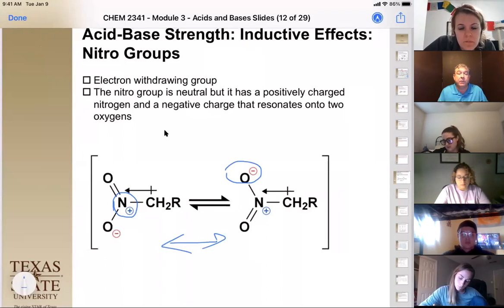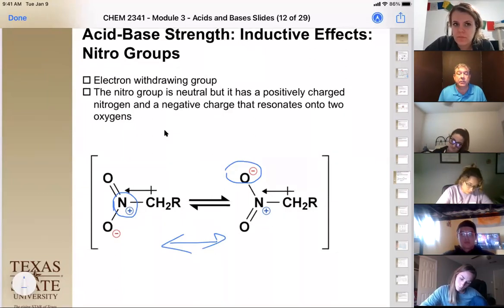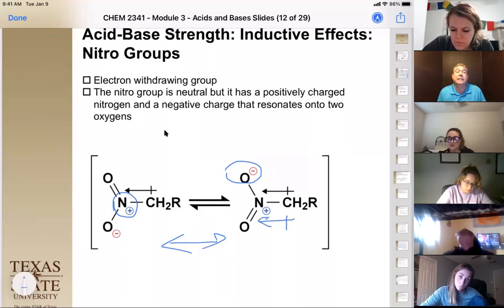No matter which way we draw that, our neutral nitro group has a positively charged nitrogen. Because that charge is positive, it's a strong electron withdrawing group that would increase the acidity of adjacent hydrogens.